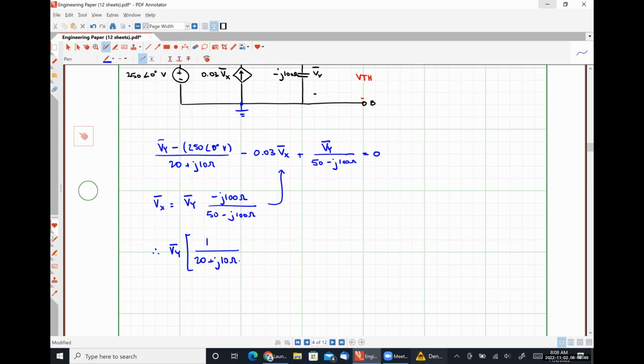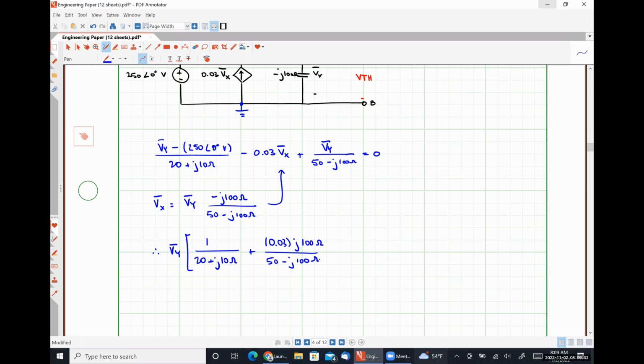I'm going to have minus negative, so that's going to be plus 0.03 times j100 over 50 minus j100. What I was hesitating about there was the units, because I have j100 ohms over something in ohms is giving me a dimensionless quantity.